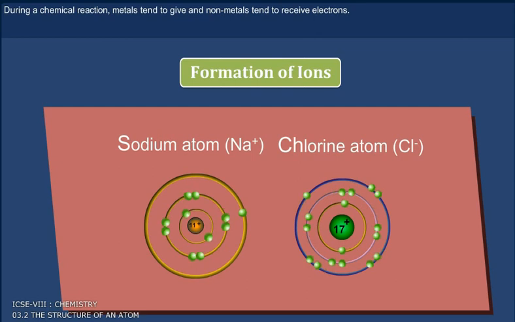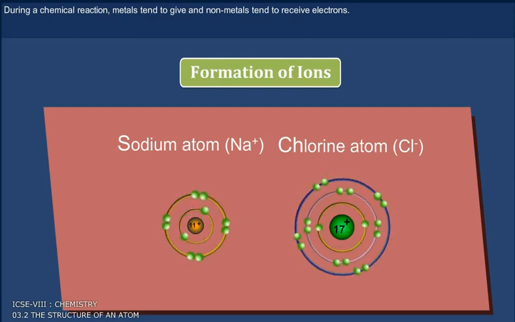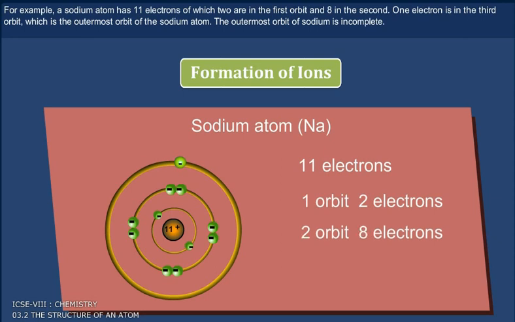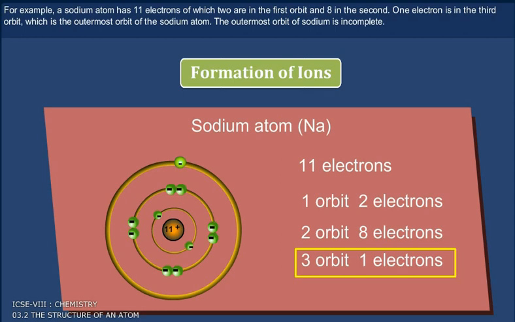During a chemical reaction, metals tend to give and non-metals tend to receive electrons. For example, a sodium atom has 11 electrons, of which 2 are in the first orbit and 8 in the second. 1 electron is in the third orbit, which is the outermost orbit of the sodium atom.